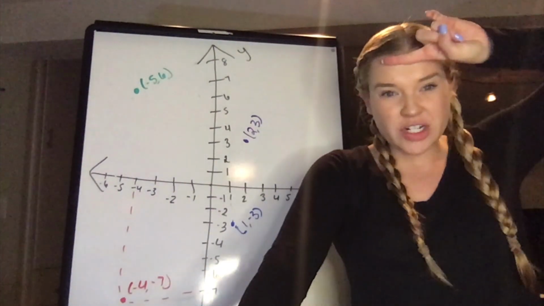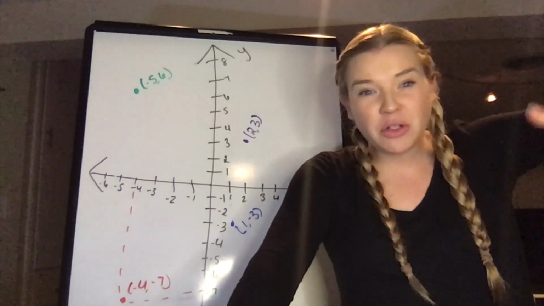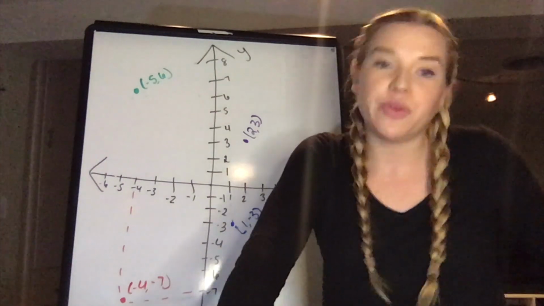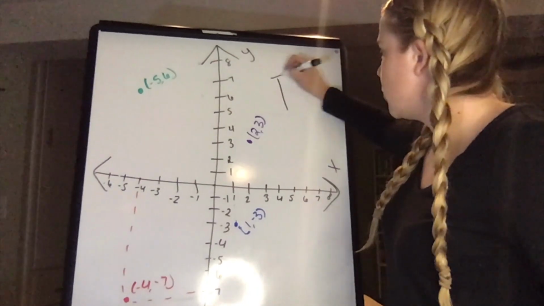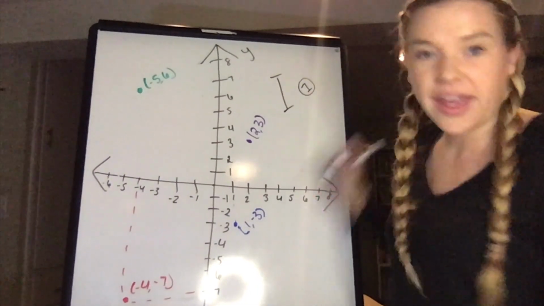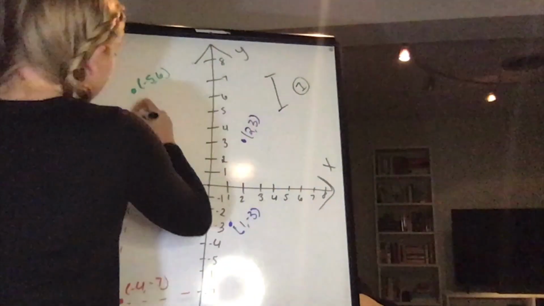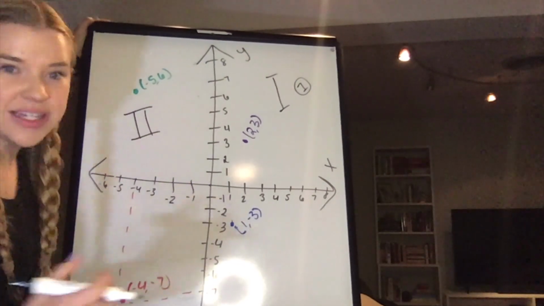When we're talking about quadrants, we write in Roman numerals. I don't expect you to know Roman numerals right now, but I do expect you to know, I guess, 1 through 4 Roman numerals, just so you know. But this is quadrant 1, which is written as an I, which is really just 1, okay? This right here is quadrant 2, which kind of looks like 2 I's next to each other.